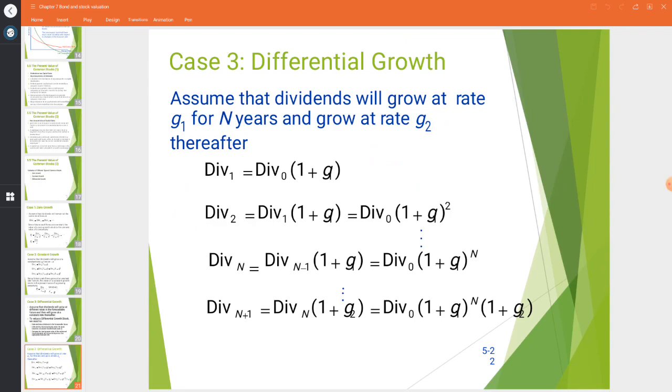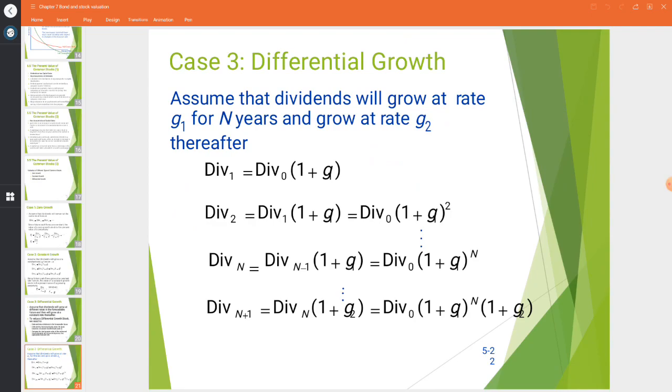To determine the dividend at the end of period N: DIV N will equal DIV N minus 1 multiplied by 1 plus G1, or DIV N is equal to DIV0 multiplied by (1 plus G1) to the power of N. Then, after N, we have another growth rate, G2.